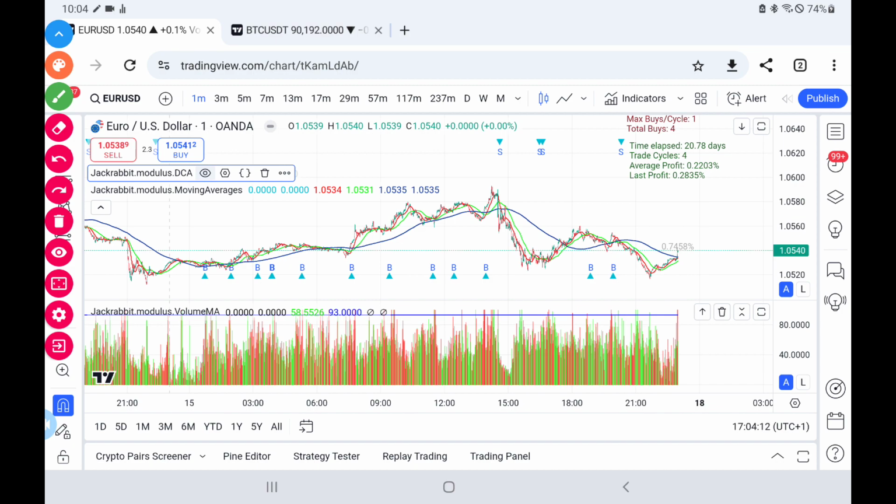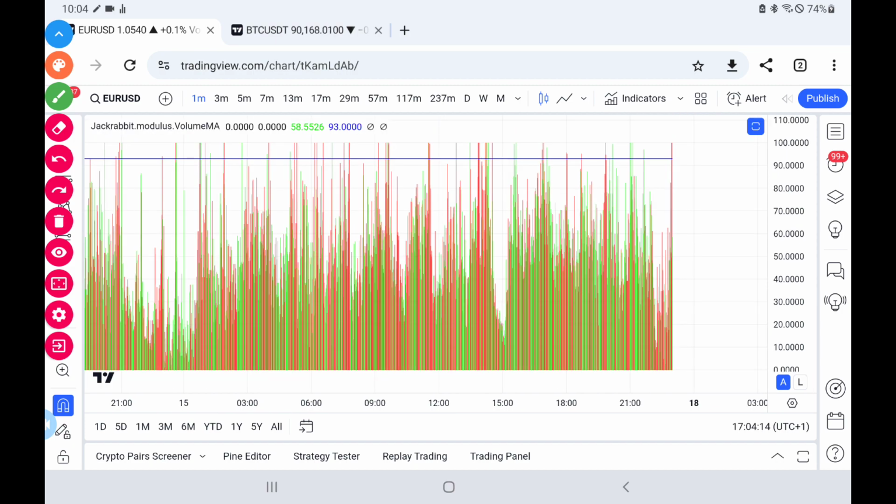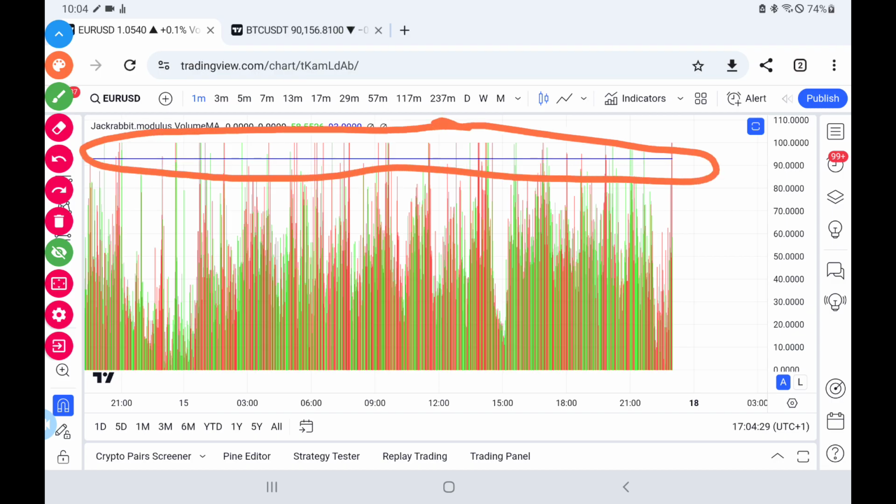That's important because I want to actually purchase when the market goes above 90% volume for the last 37 days. And that's this area above the blue line. Those are the areas that interest me.